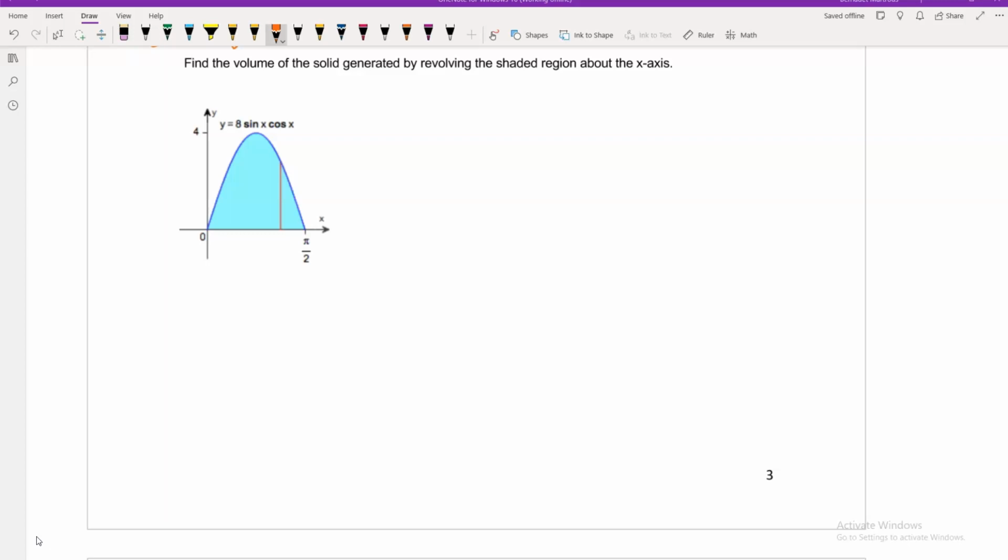To find the volume, that is equal to the integral from a to b of area times dx. The area is pi times the radius squared times dx.